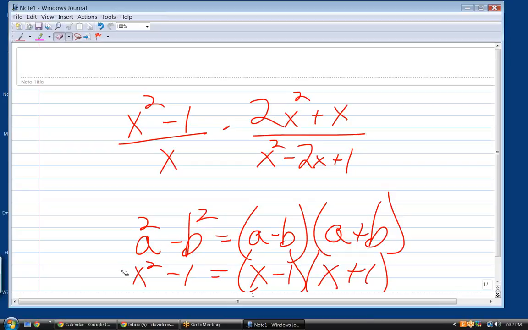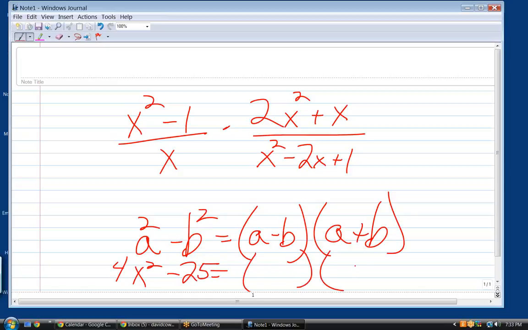If I take something like 4x squared minus 16. Or better yet, let's do 4x squared minus 25. How would that factor? 2x minus 5 and 2x plus 5. Good. That's all you need to look for.